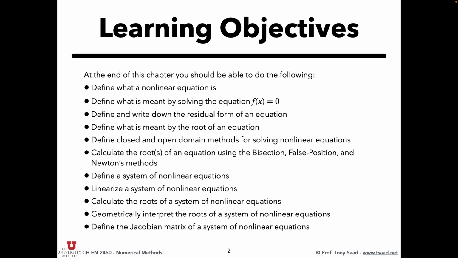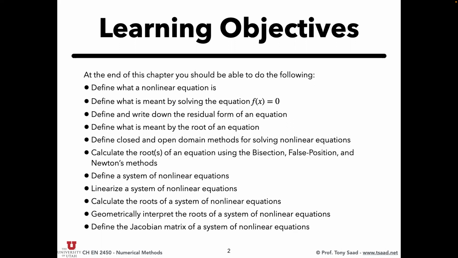And then the beast in this chapter: define a system of nonlinear equations. Remember nonlinear regression. We said we know how to write the system of equations for nonlinear regression. We just don't know how to solve it yet. In this chapter, we're going to learn how to solve it. Learn how to linearize a system of nonlinear equations. Everything is based on linearization. We take that nonlinear system, we make it linear, we solve the linear system, rinse and repeat.